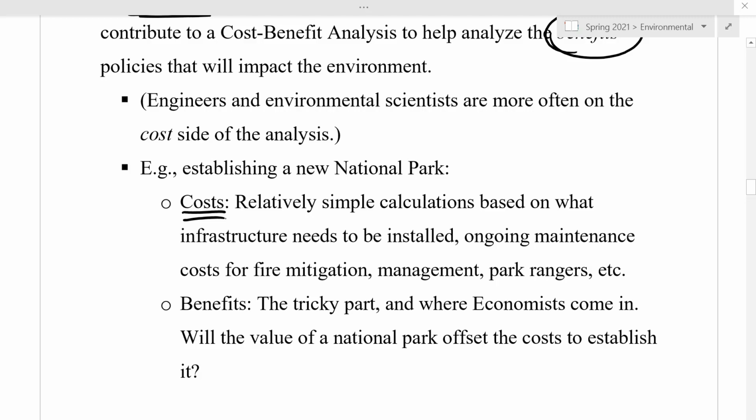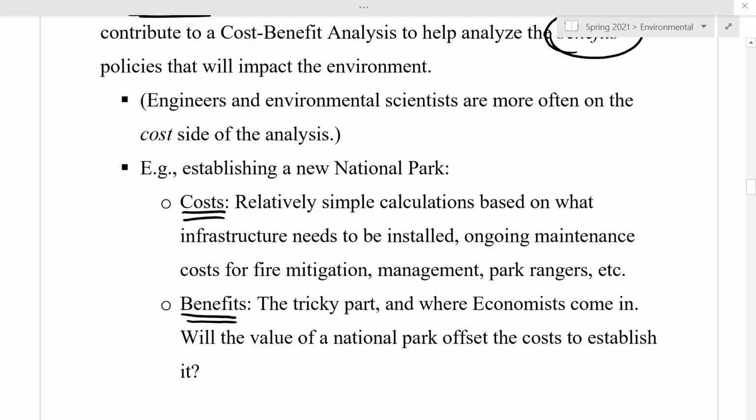But what is the value of a national park? How do we analyze the benefits a national park will have on the society, the nation? If it's going to be a national park, what's the value of that park to the entire nation? Because all of our taxes are going to go toward paying for that.